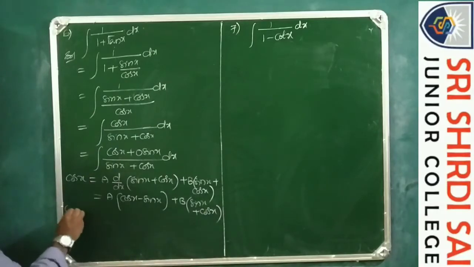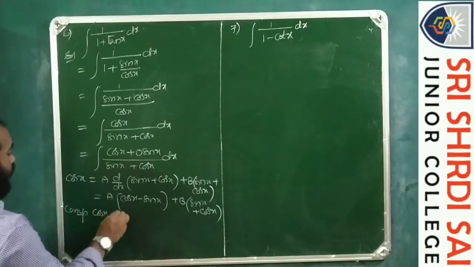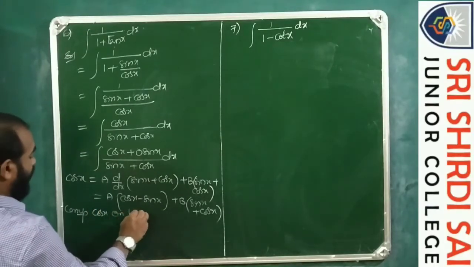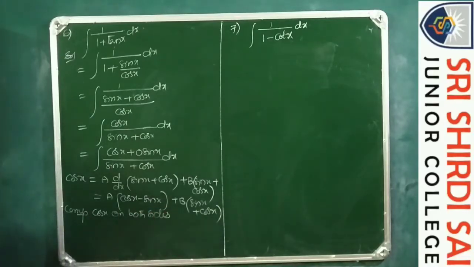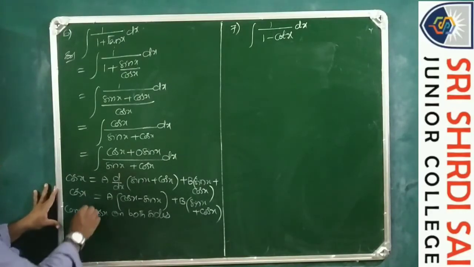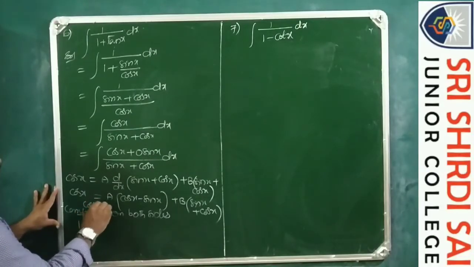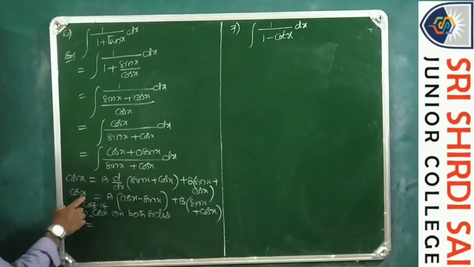Now comparing cos x on both sides, so cos x is there in the LHS, so its coefficient is 1. Comparing the coefficient of cos x on both sides, the cos x coefficient is 1.